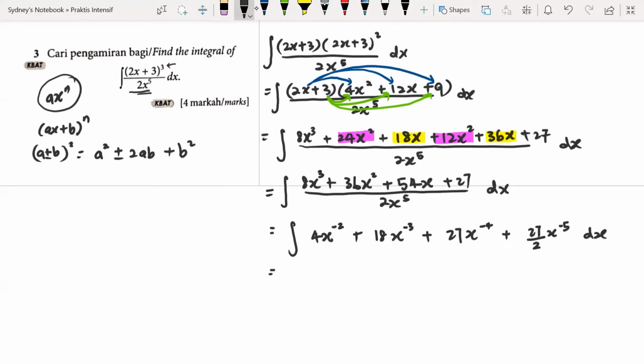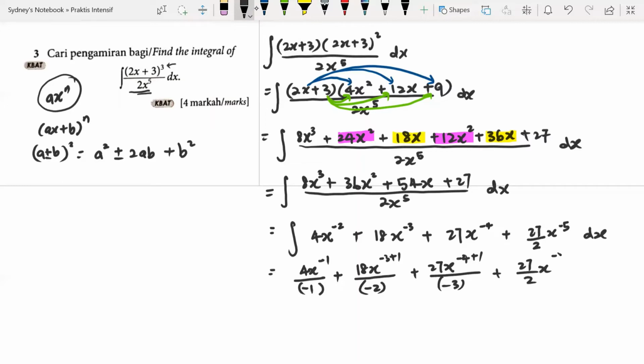So we will have 4x raised up to the power of, add 1 to the old power, we have negative 1, and divided by the new power, plus 18x to the power of negative 3 plus 1, and then divided by the new power, which is negative 2, plus 27x to the power of negative 4 plus 1, divided by the new power, and plus 27 over 2 x to the power of negative 5 plus 1, and then divided by the new power, which is negative 4, and then plus c.